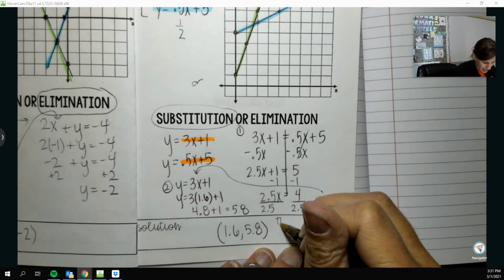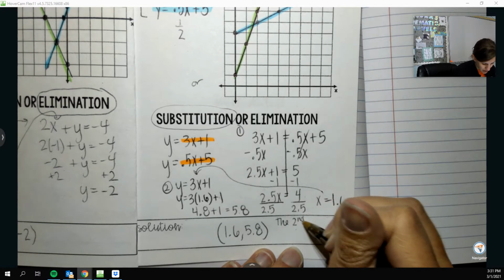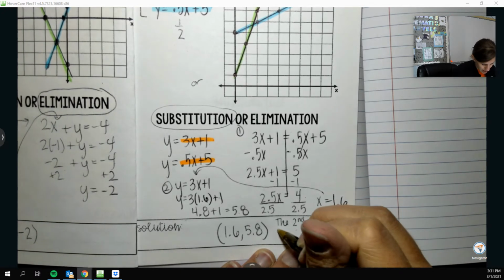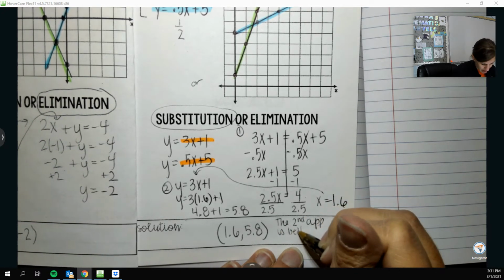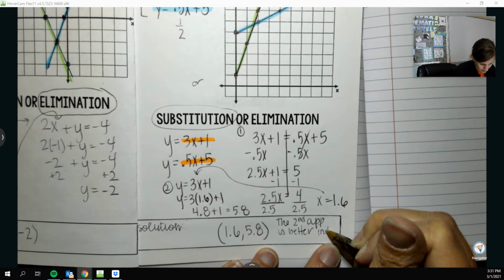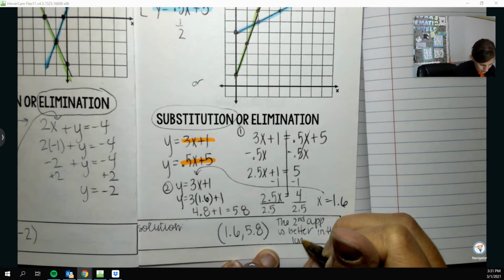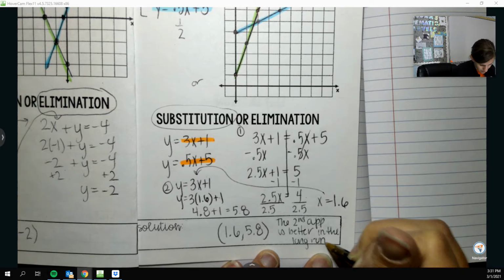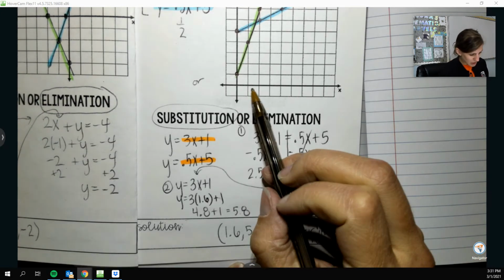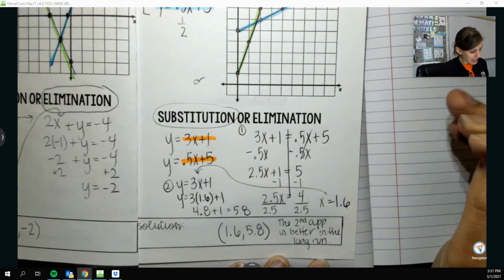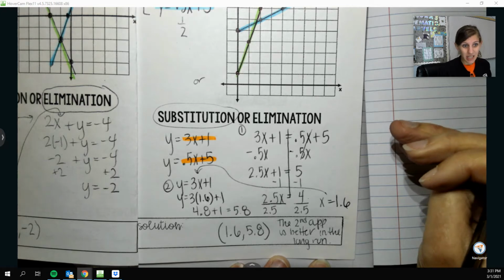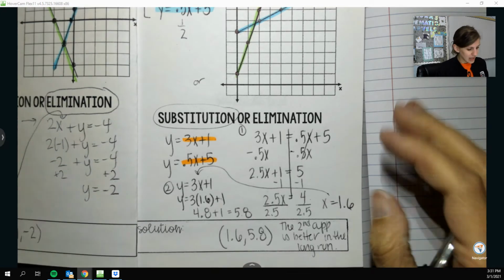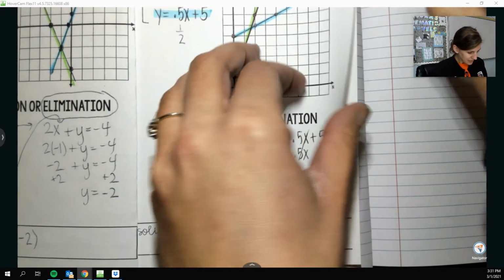So the second app is better in the long run. Like after 2 songs, basically, it's instantly better. So, all right, let's try another.